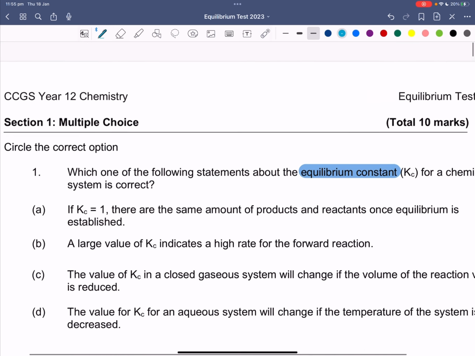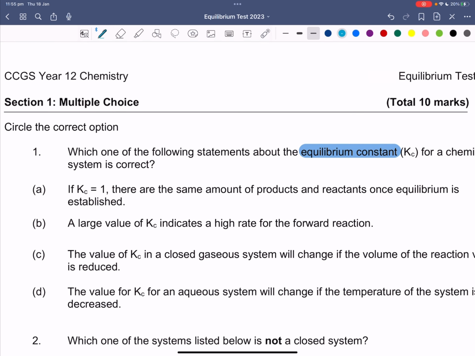Now, the main thing that we should know about K is K tells us the relative proportion of reactants to products at equilibrium. So, specifically, if K is much more than 1, and we write 2 greater than signs to show that, it means that the concentration of products is greater than the concentration of reactants at equilibrium. It's important to realize that this is at equilibrium.